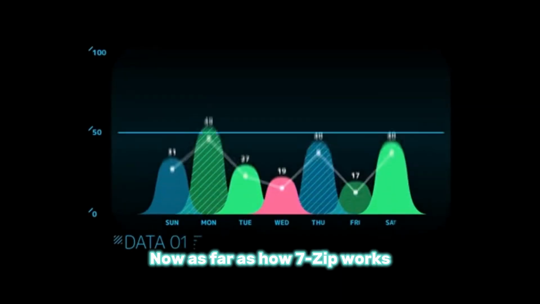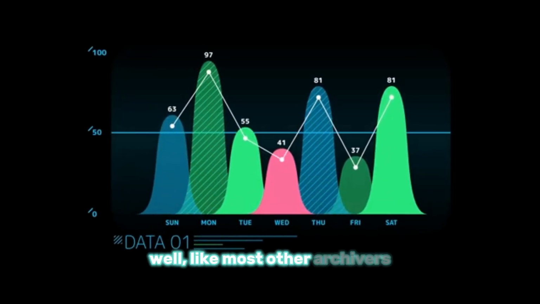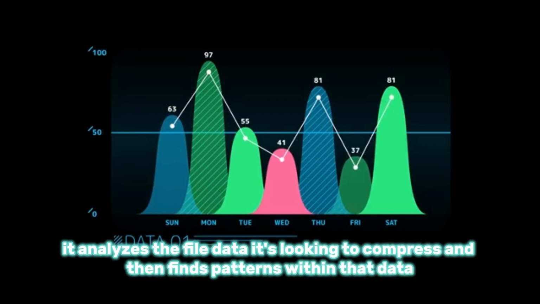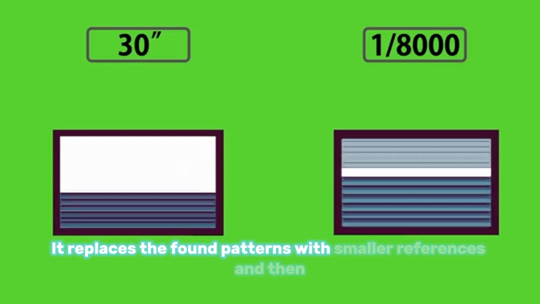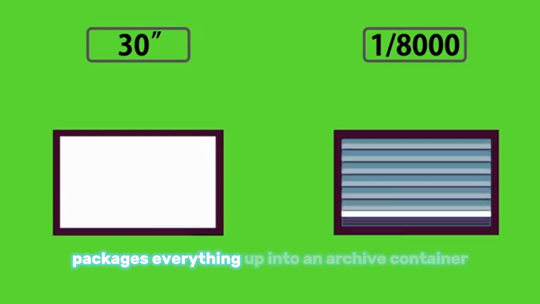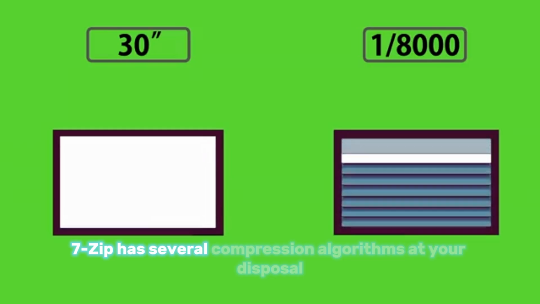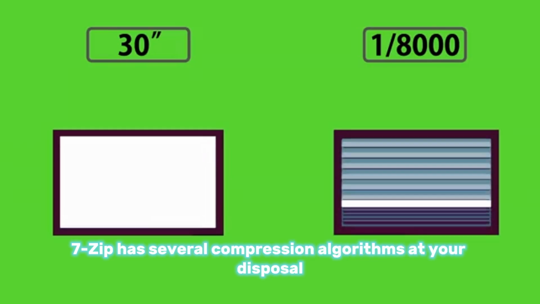Now, as far as how 7-zip works, like most other archivers, it analyzes the file data it's looking to compress and then finds patterns within that data. It replaces the found patterns with smaller references and then packages everything up into an archive container. 7-zip has several compression algorithms at your disposal.